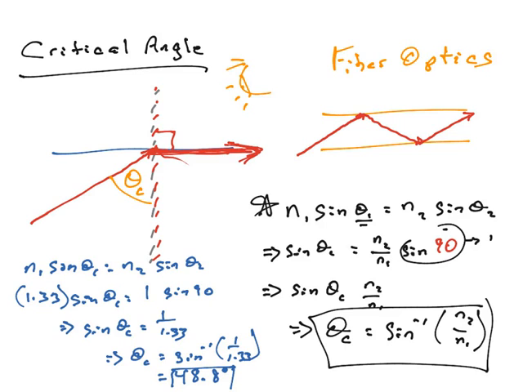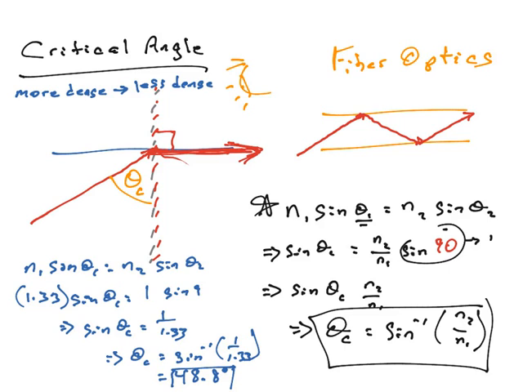The only other thing you have to know is that you can only have a critical angle if you go from a more dense to a less dense medium. So as I said, if I'm going from air and I'm trying to go to water, I can never have a critical angle. The light will always go into the water, never reflect back.